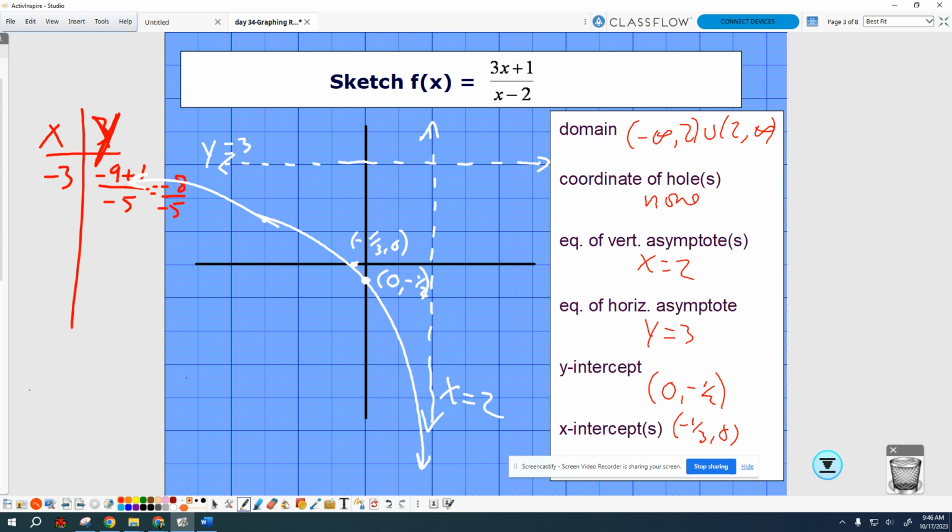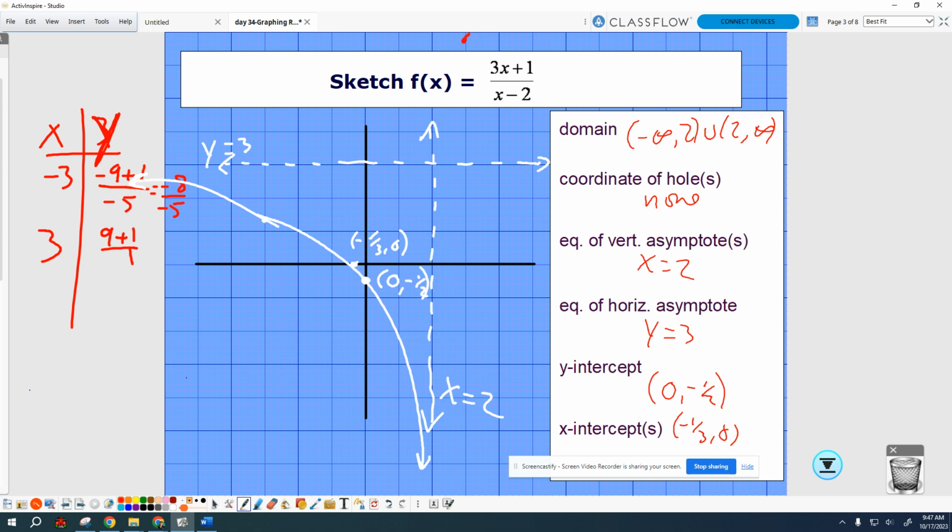And Ferris had said earlier, he picked the positive number x equals 3, which was a good idea. Maya, when I plug in +3, what do I get? 10 over 5, so 2. Or 10 over 1, which is off of our graph. It's up here somewhere.